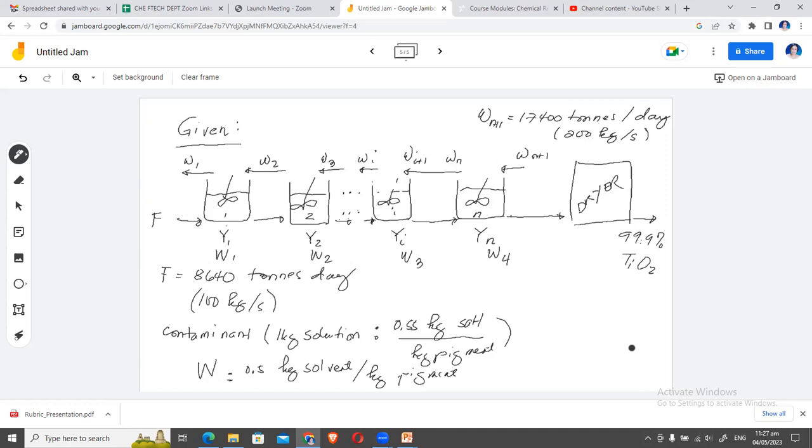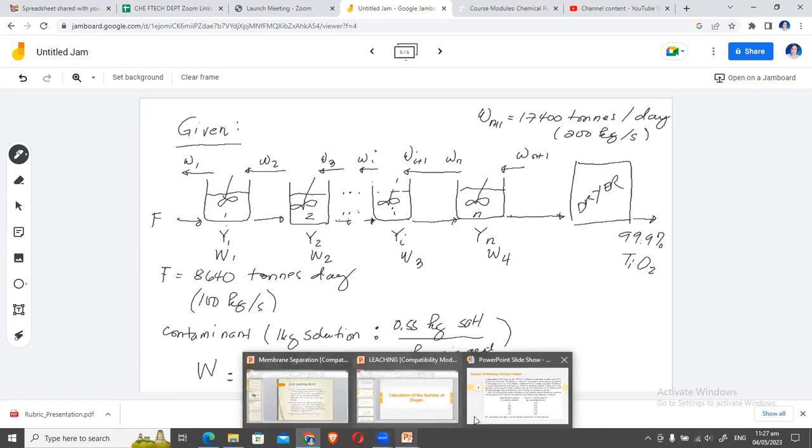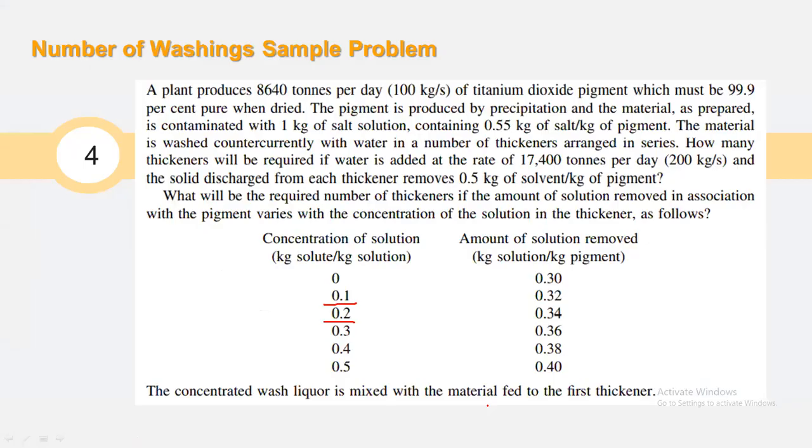What else? If you took a picture of the problem, have we placed everything there? Let me check. I will read it again. It produces 100 kilograms per second. The plant, titanium dioxide pigment, which must be 99.9% pure when dried.